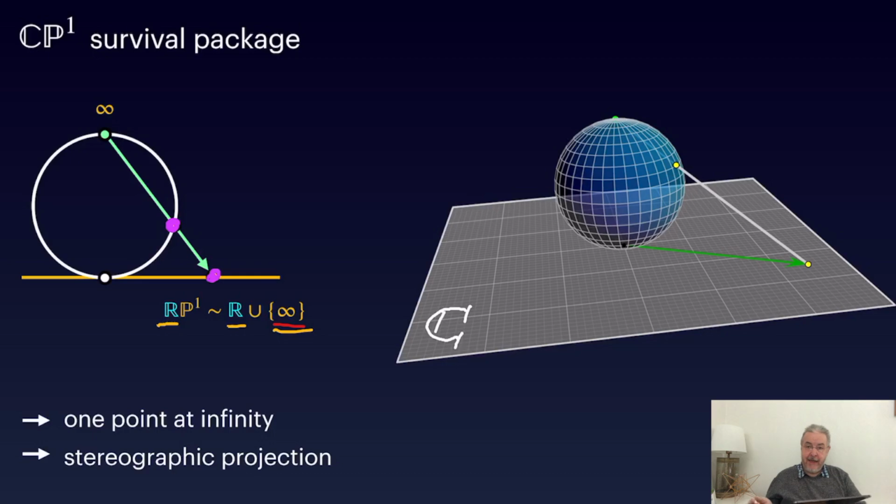So I take the complex numbers. So you remember a complex number consists of a real part plus an imaginary part. And I can consider these numbers here as points in a two-dimensional coordinate system.